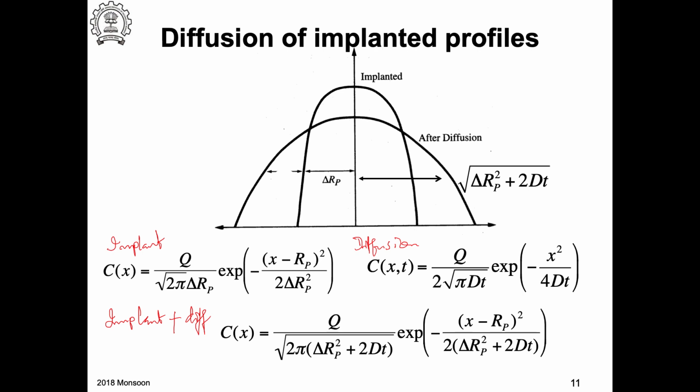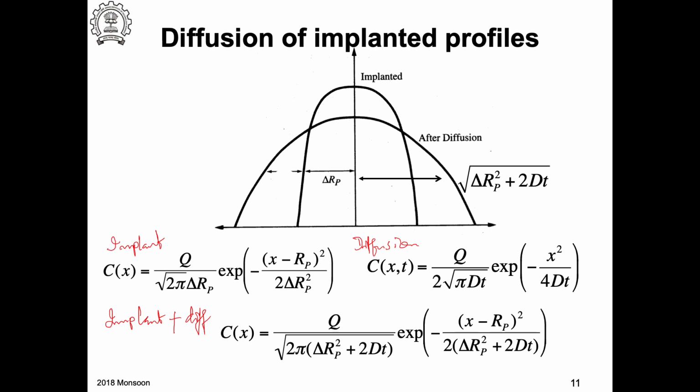And then we had seen how to find out the new profile by taking the original profile and modifying these terms. So you can say, I implant this stuff and this is my profile, and I then further do a diffusion. So I would have to just modify these terms, and then I can get the new resultant profile.